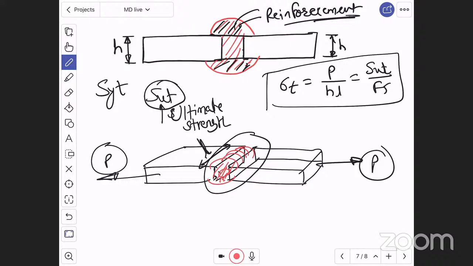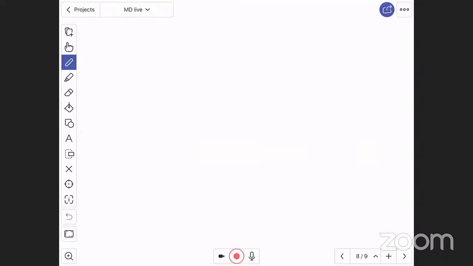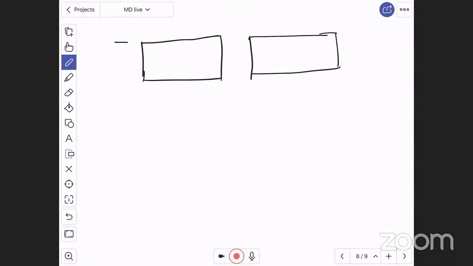Now, this is a butt weld, and let us say this is a plate connected with another plate. Let us say the thickness of the plate is h, and by mistake, while doing the welding, there is an undercut.